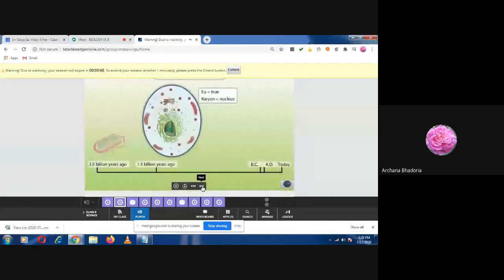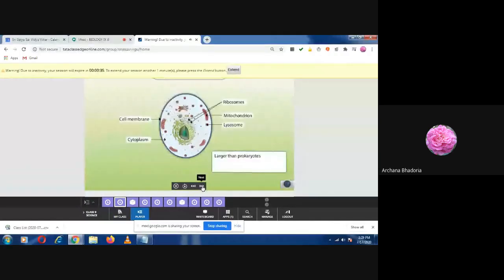Eu means true. Eukaryotes are therefore cells that have a nucleus. They are more advanced than prokaryotes and evolved around 1.5 billion years ago. They are larger in size and have a complex internal structure. Eukaryotes may be unicellular or multicellular.